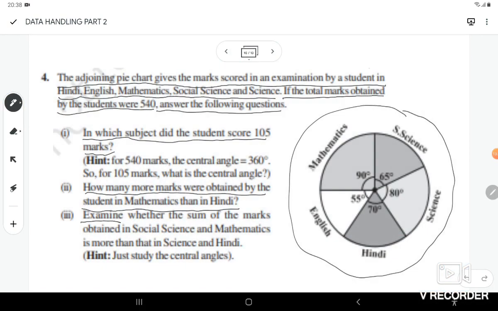Next question says, examine whether the sum of the marks obtained in social science and mathematics is more than science and Hindi. So social science and mathematics together and science and Hindi together, and let's see which combination scored more marks.